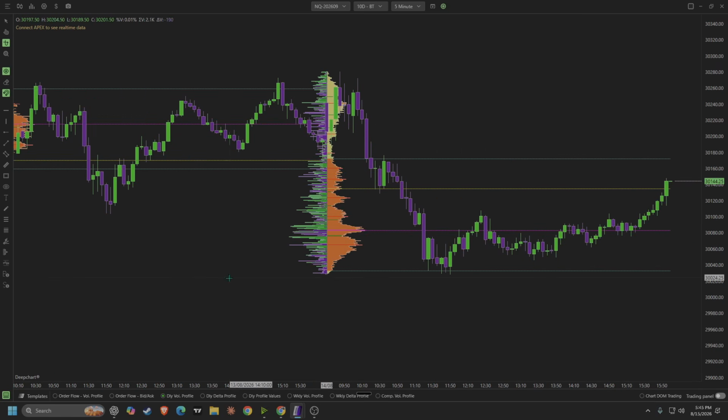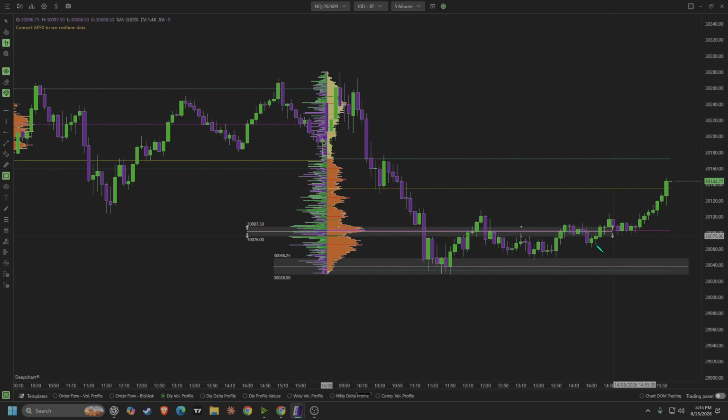You can see at the bottom of this profile, we have a lot of purple, which is selling that occurred, that got absorbed by buyers who just pushed the price up. There's another set right here. And we'll do another video on aggressive delta. Then we can also see right here that lots of aggressive selling happening to push the price down.